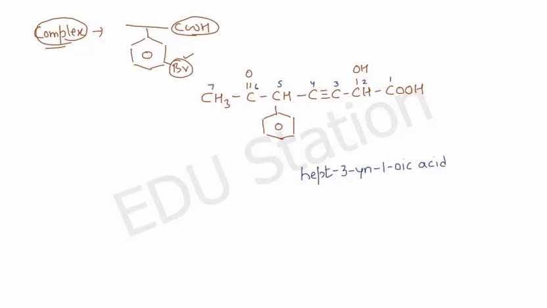We are left with the benzene ring. C double bond O is keto, this is alcohol, and the ring. So alcohol starts with H, keto with O and ring with P. So first we have alcohol.